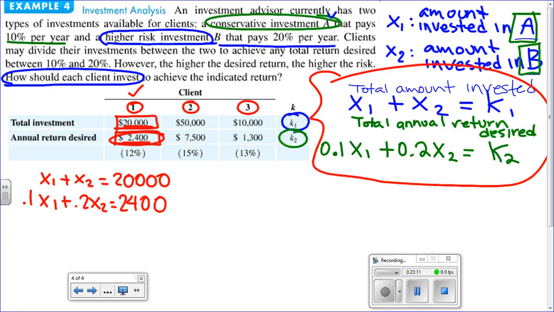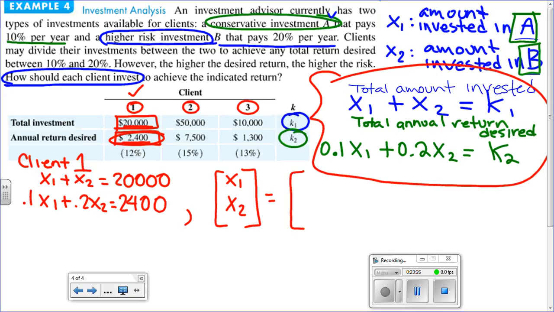Okay, so now the next step, for client 1, is to create the matrices.